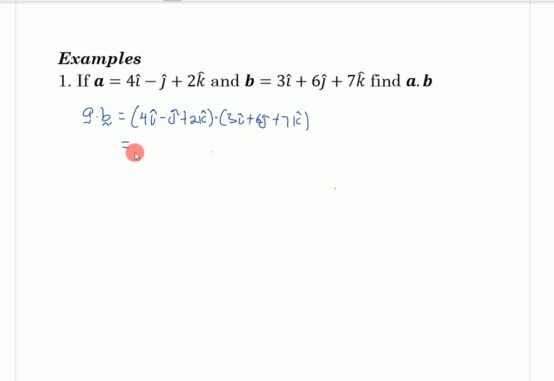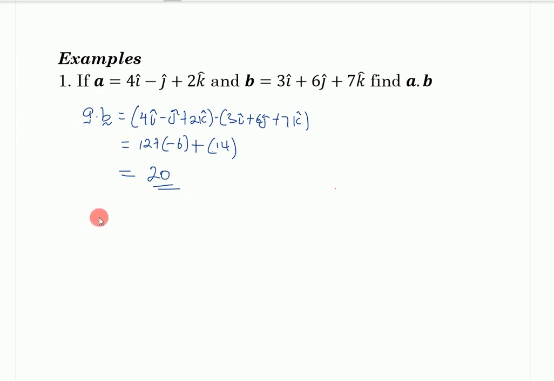And what I do, I get the i's. 4 times 3, that is 12, plus multiply the j's. -1 times 6, that's -6, plus multiply the k's. 2 times 7, that one is 14. And at the end of it, I have my final thing as 12 minus 6 plus 14. This should be 20. That's the dot product.